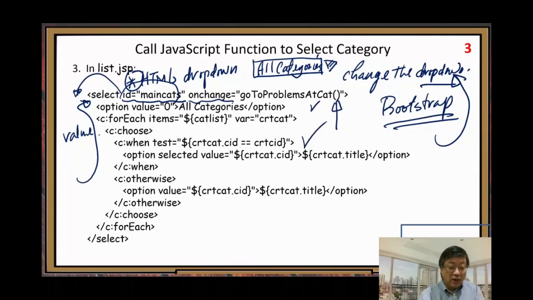All right, but here, selected, right? If the category ID, this is a condition. If the current category ID matches the selected category ID, because there is a selected category ID, then in this cat list, there is a current category ID.